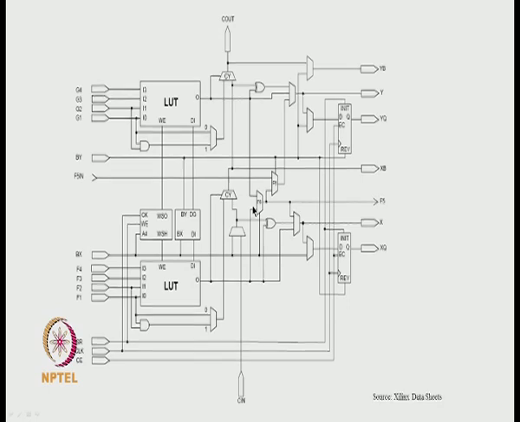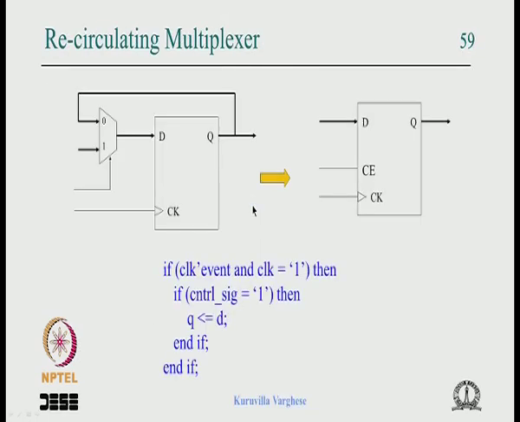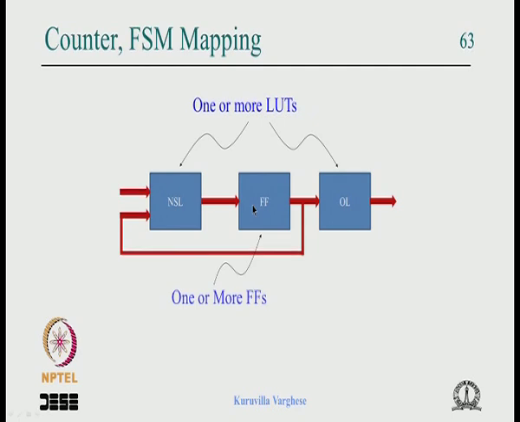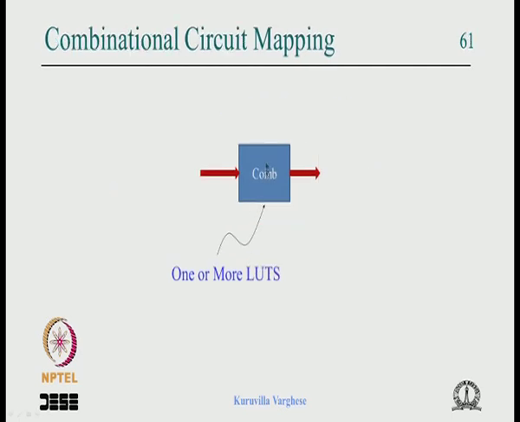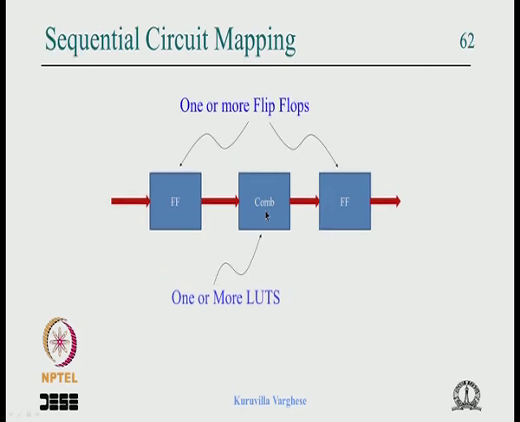So basically when you have a combinational circuit, it will be implemented in one or more lookup tables. It could be cascaded, it could be combined using muxes, whatever it is. But if you have a data path, I have written sequential circuit, but assume it's a data path or a part of a sequential circuit, doesn't matter.